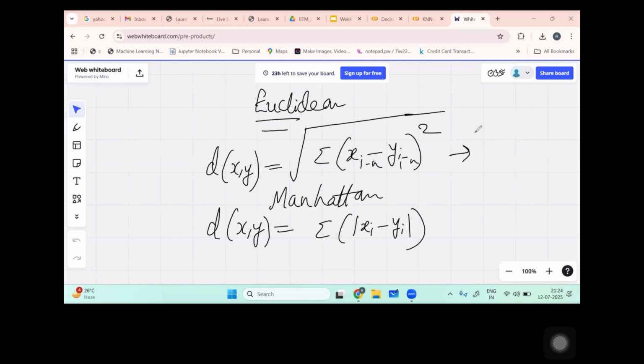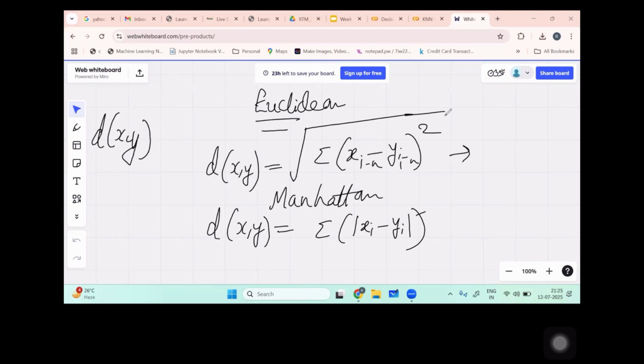Here, with a square value, we are avoiding the minus sign, and here we are taking the absolute values to avoid the minus sign. So for distance calculation, there is no recommendation, like in this case you have to use Euclidean, in this case Manhattan. People have come up with their own formulas in mathematics, so that's it. There is no fixed choice of which distance calculation is more effective; it is situation based.